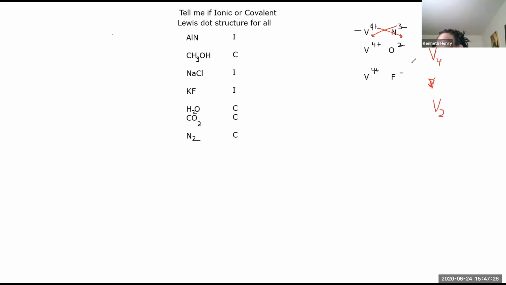Okay, so then how many oxygens do I need to balance it out? 2. Okay, so you're saying O2 to balance this one out? How many do I need to balance this out?